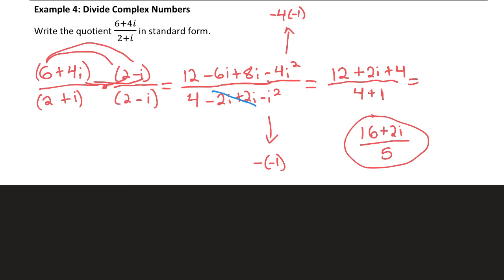But right now, keep it as a single fraction like this. This is good. The only other way you could really write this is you could write it as 16 over 5 plus 2i over 5, if you wanted to separate it into a real component and then your imaginary component. But for my answers, I just want you to write it as a single fraction.